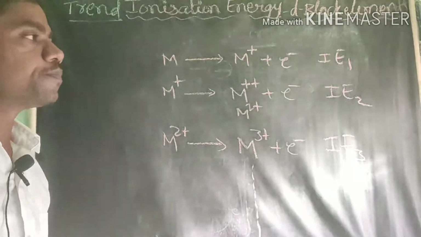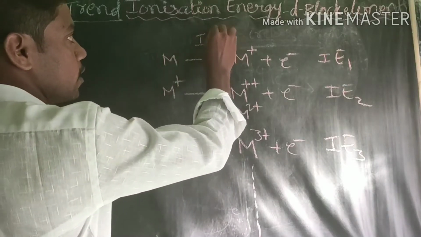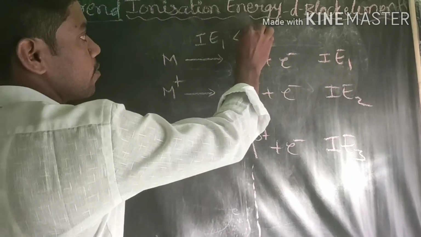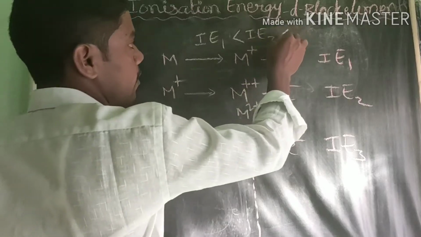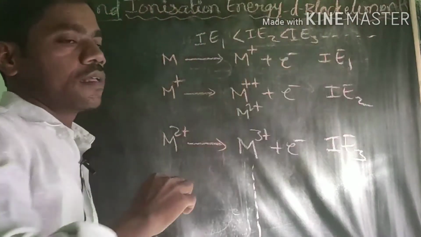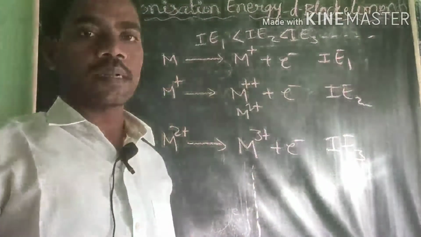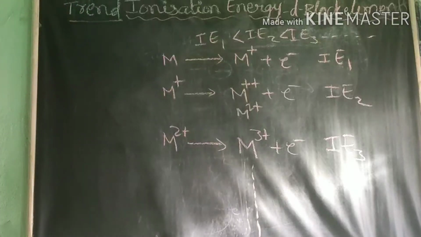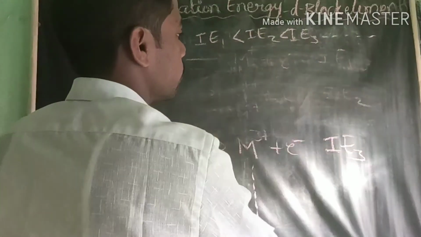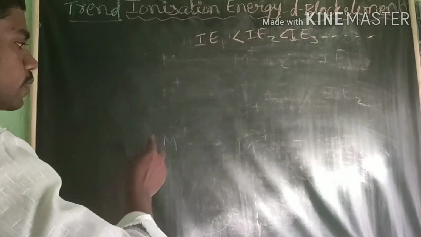The first ionization energy is very much less than the second ionization energy, which is less than the third ionization energy, and so on. Therefore the higher ionization energies are always greater compared to the first ionization. I will tell you how. Therefore the first ionization energy is less than the second, third, and so on.